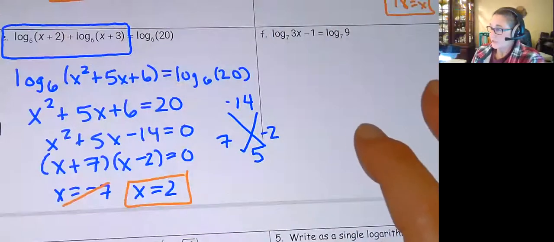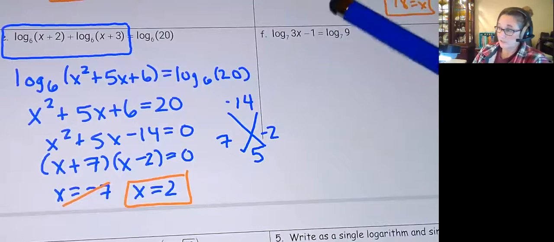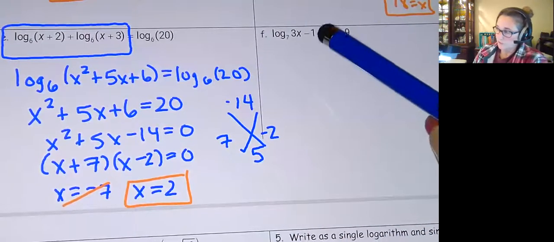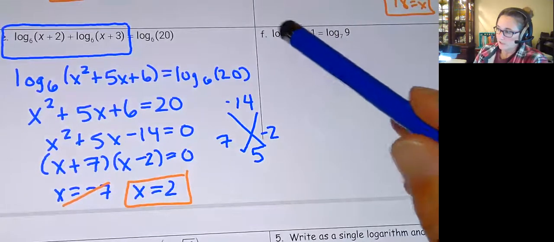F is a similar problem, at least it looks like one, but you'll notice this minus 1 really has nothing to do with this here.